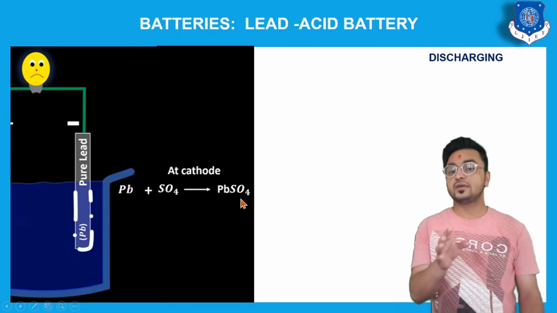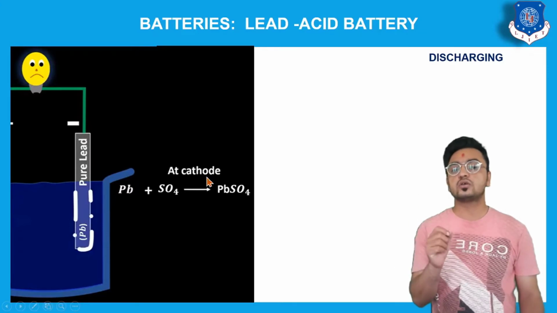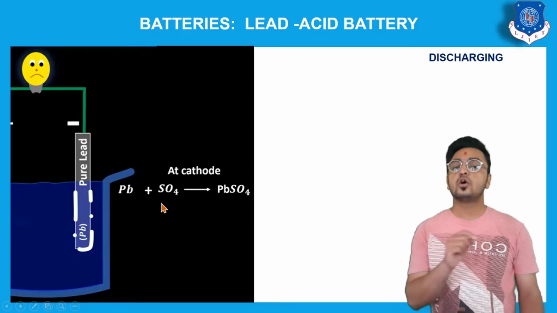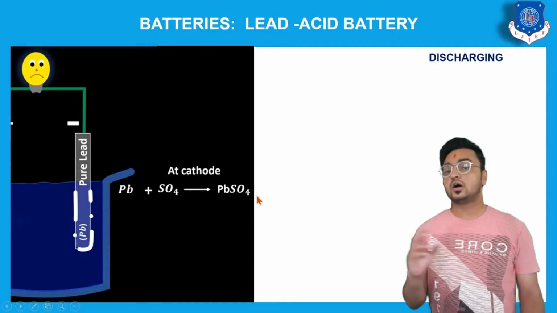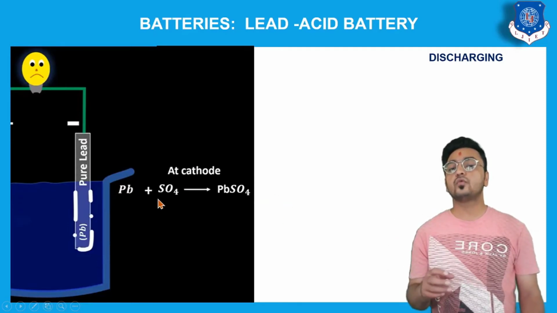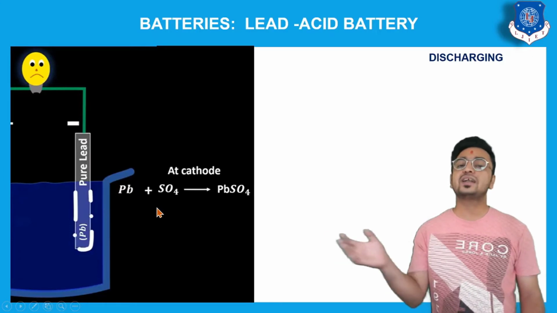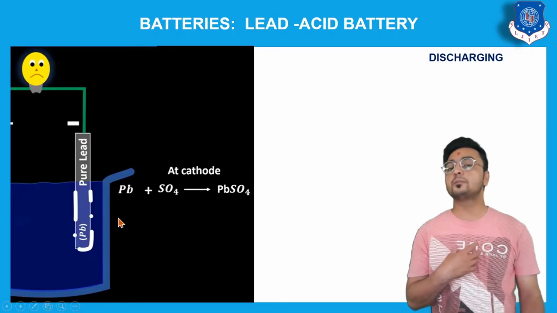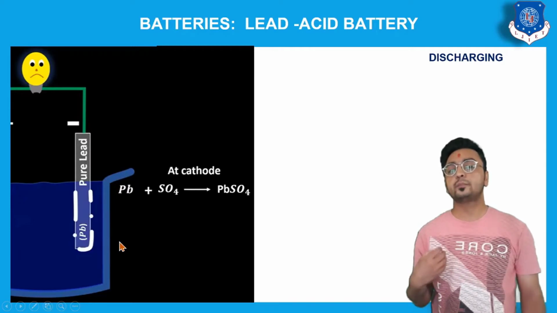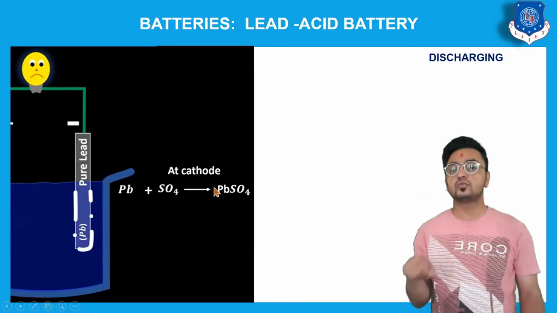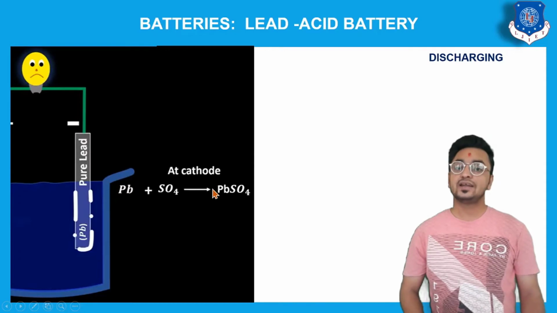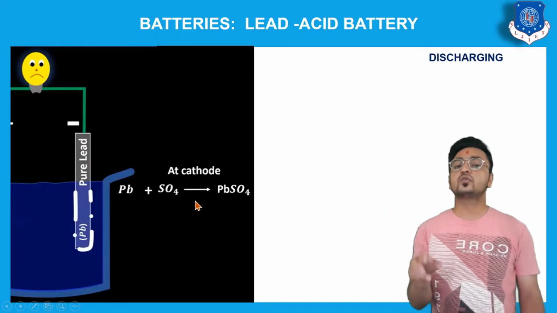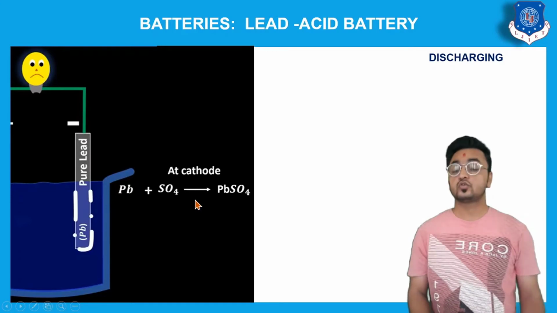So if we observe the equations on the anode and cathode, we are getting a PbSO4 layer on both plates. When the battery is completely discharged, both plates, anode and cathode, will have a PbSO4 layer, and at the anode water is also created.